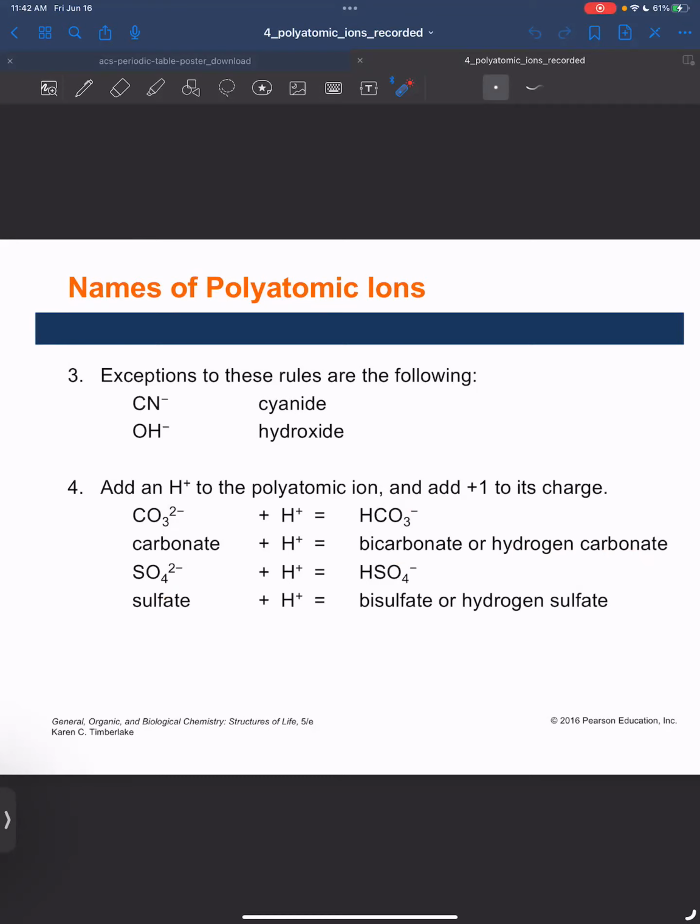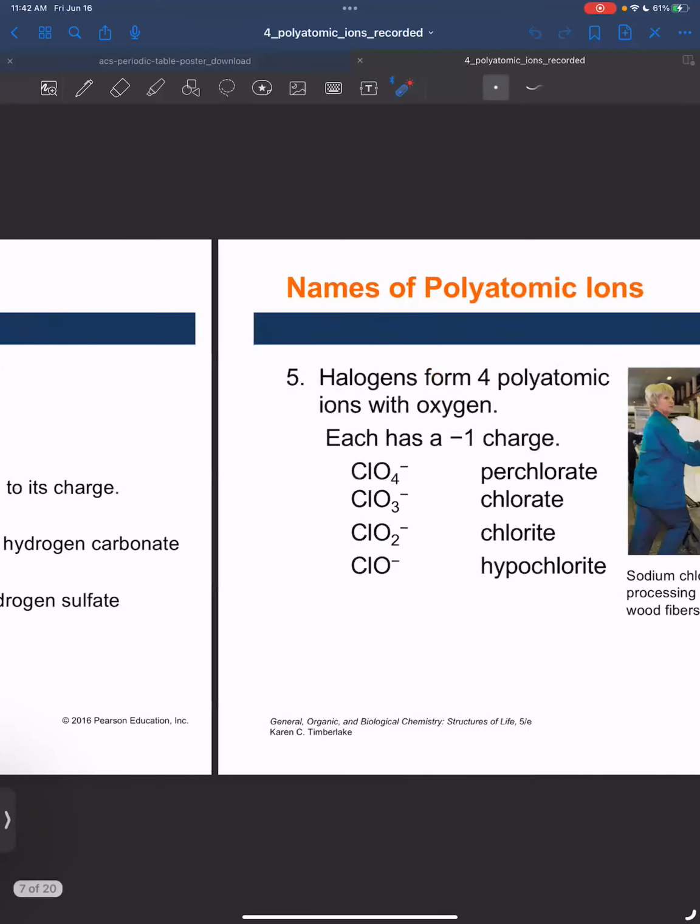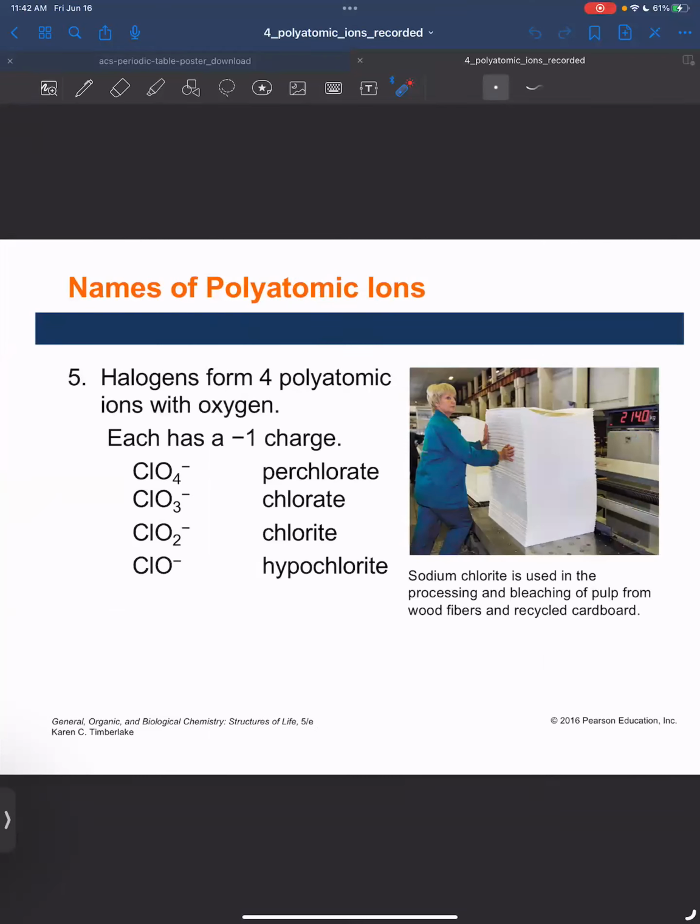Sulfate plus a hydrogen plus, this one here. Notice how the -2 is now a -1 when we add the H plus. This is hydrogen sulfate, also known as bisulfate. And here is a halogen, chlorine, that forms 4 polyatomic ions with oxygen.